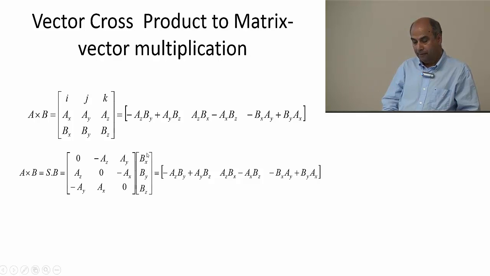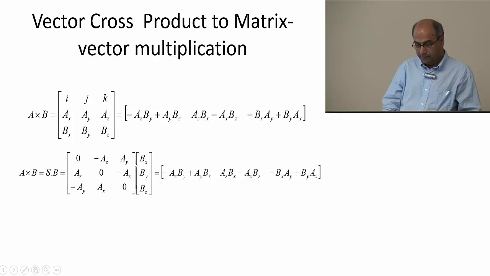Now we multiply with this vector B, then we are going to get from here 0, then minus BYAZ plus BZAY, which is this term. From here we'll get BXAZ, and this will become 0, and then the BY will become 0, and this will become minus BZAX, which is this one.